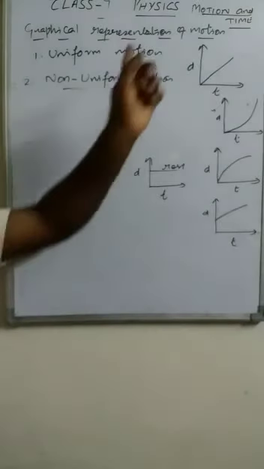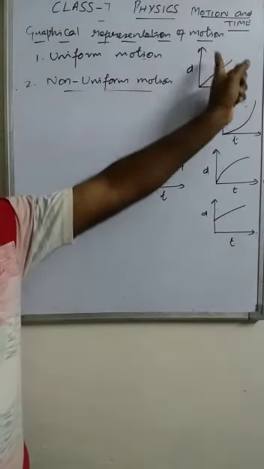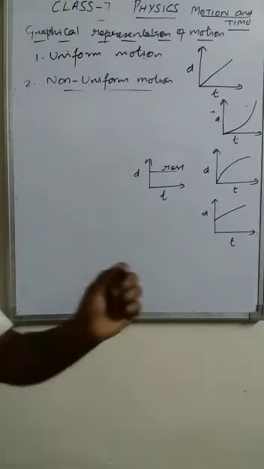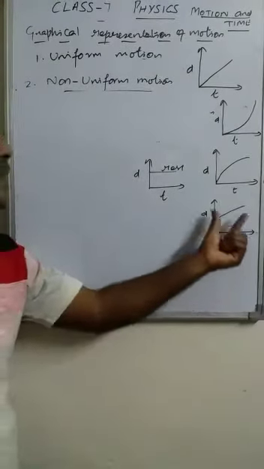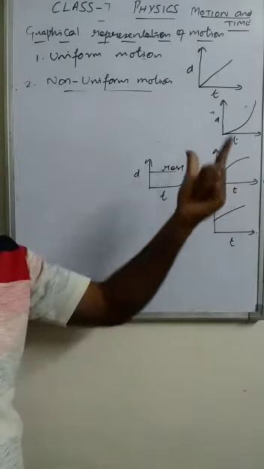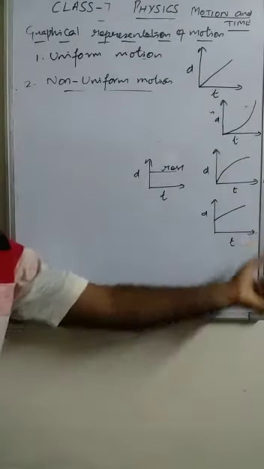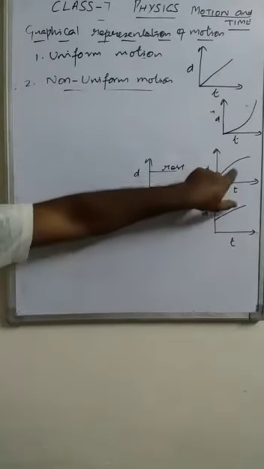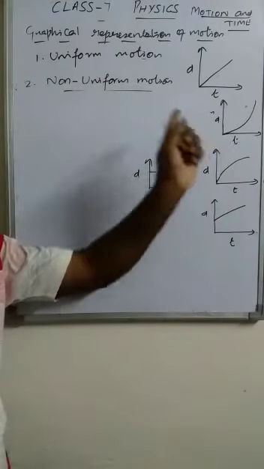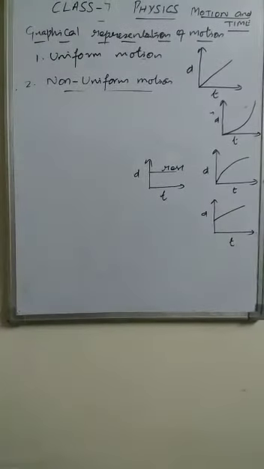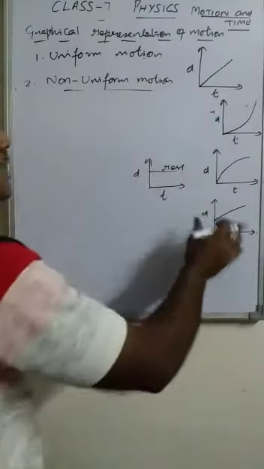You should say the graph shows the object is in uniform motion, uniform speed or constant speed. Here, if this graph is given and it is asked what this graph shows, it shows the object is in non-uniform motion and the speed is decreasing continuously. So these are the various types of graph.